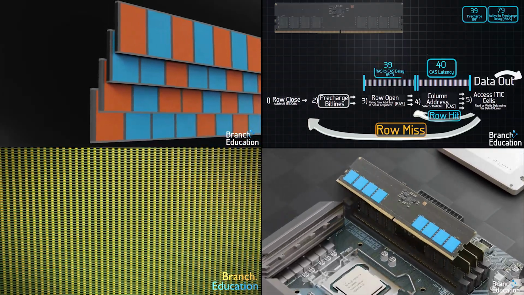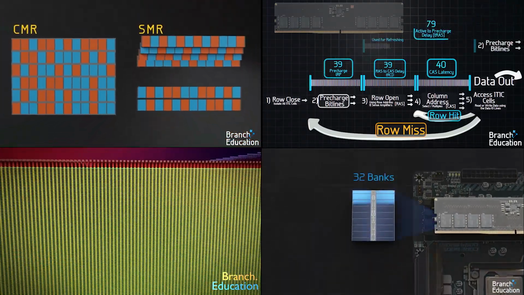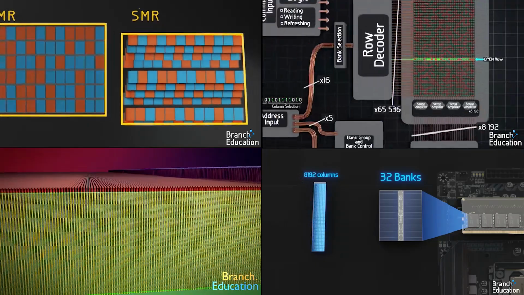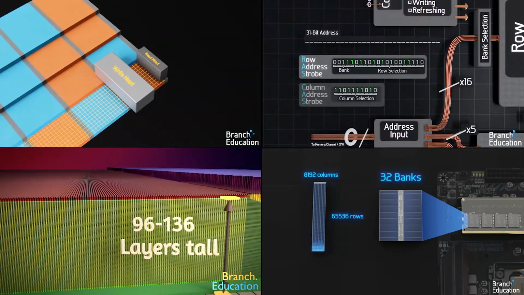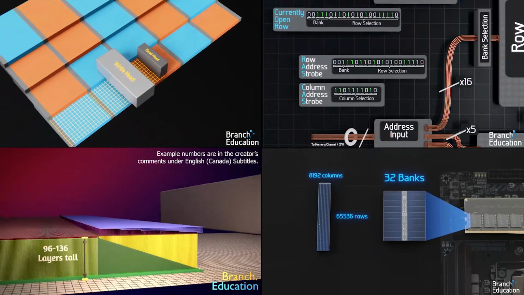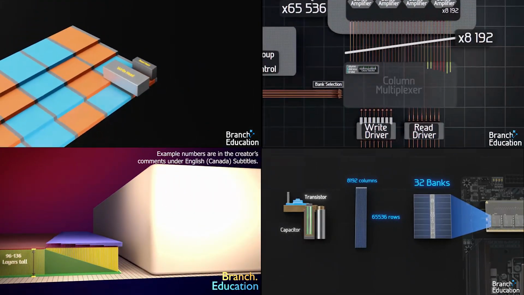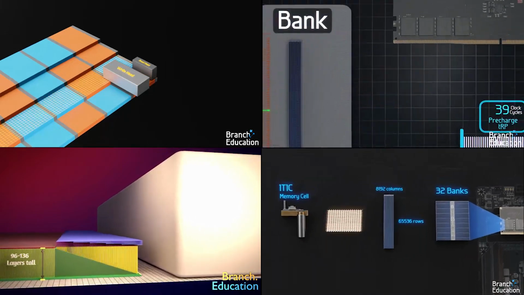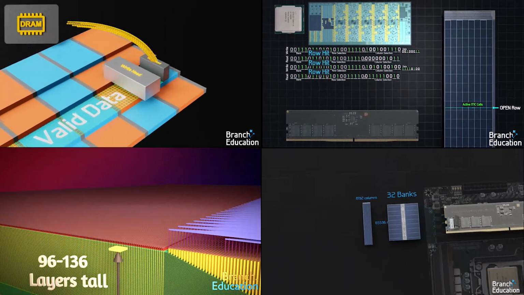Inside each of these 8 DRAM chips is an integrated circuit composed of 32 memory banks, each 8,192 columns wide by 65,536 rows tall. The DRAM temporarily stores data using capacitors and transistors called 1T 1C memory cells in 2D arrays that look like this. Data can be accessed within nanoseconds.